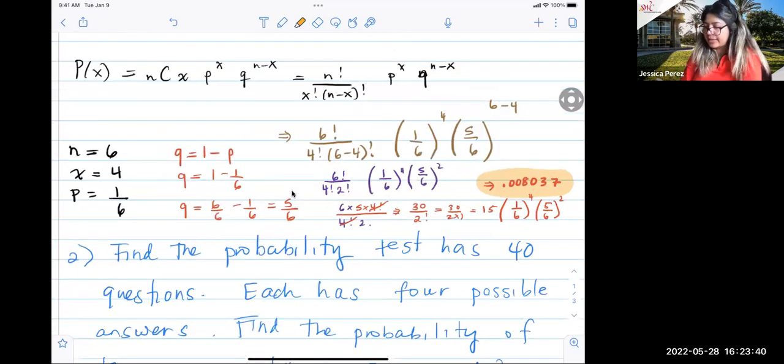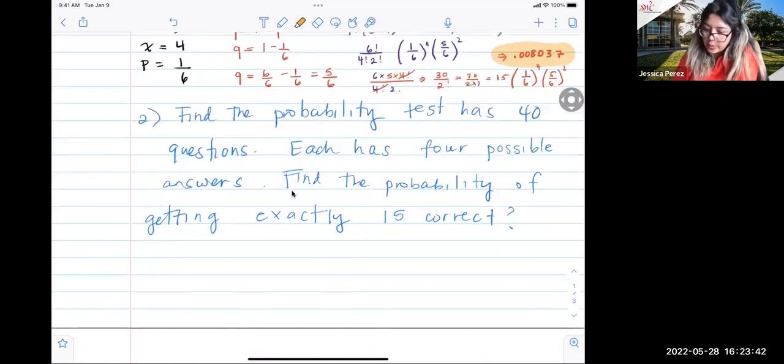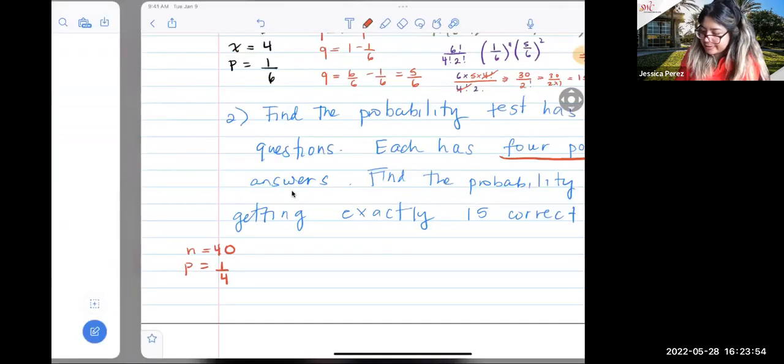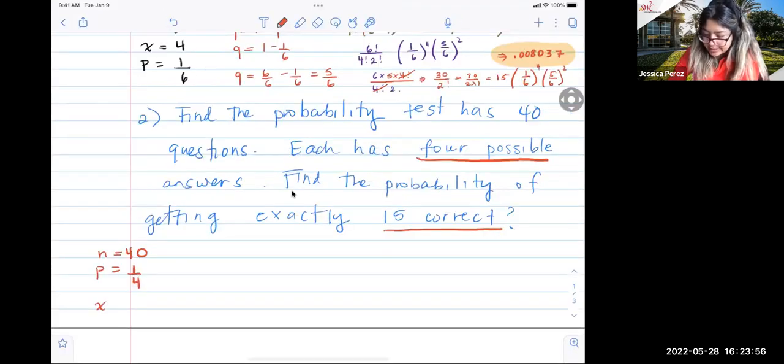Similarly, find the probability: a test has 40 questions, so your total n is 40. Each has 4 possible answers, so your probability is 1 out of 4. And find the probability of exactly 15 correct. So now x is 15. This is going to be a large number.